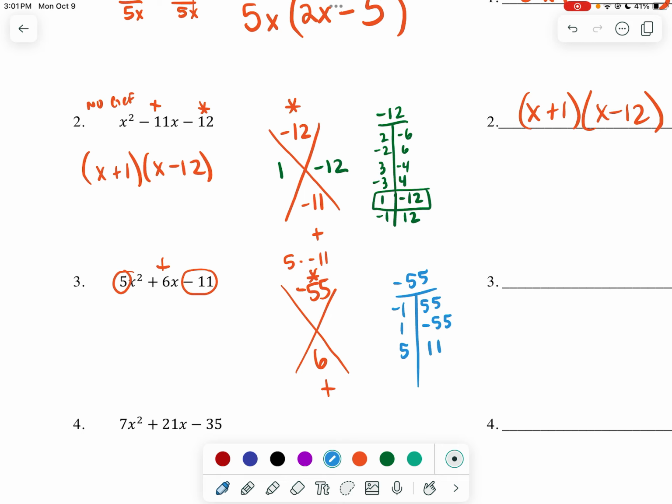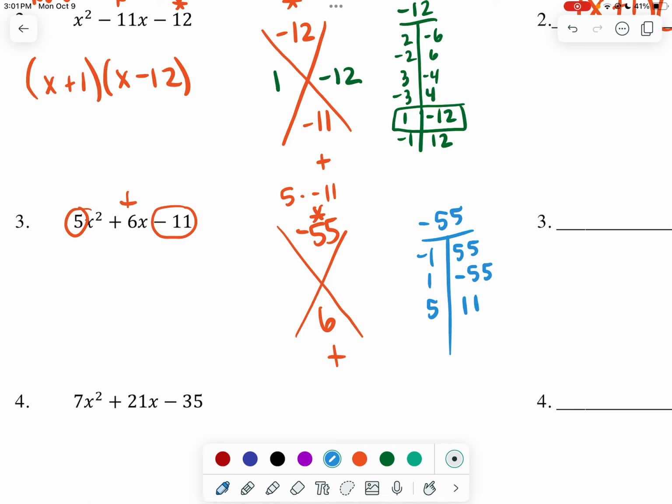Now to figure out which one would be correct, I want to add to the positive number. So that means 11 should be positive, so 5 should be negative. And that would fit both qualifications. So then I have x minus 5 and x plus 11. But I'm not done, because I started with this 5 and I never divided it, so I have to divide it now.